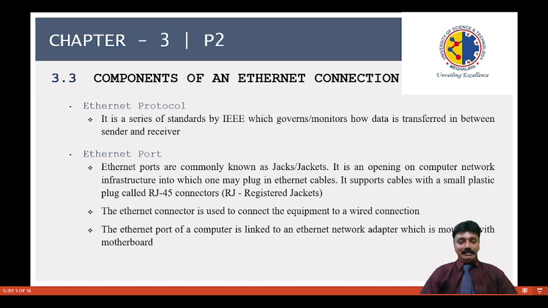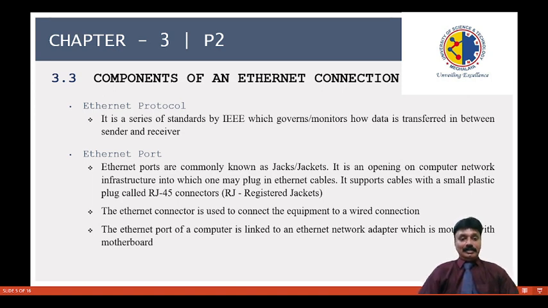So with that plug, LAN cables will be connected and we can plug this particular Ethernet connector into the NIC. The Ethernet connector is used to connect the equipment to a wired connection. And the Ethernet port of a computer is linked to an Ethernet network adapter which is mounted on the motherboard.